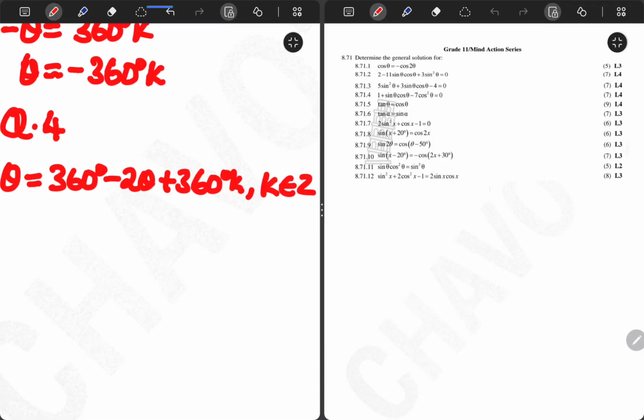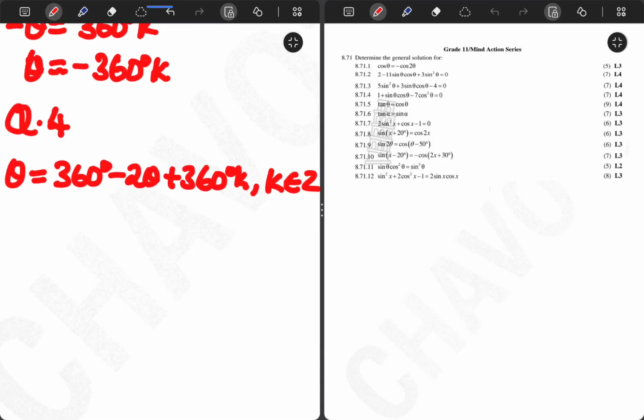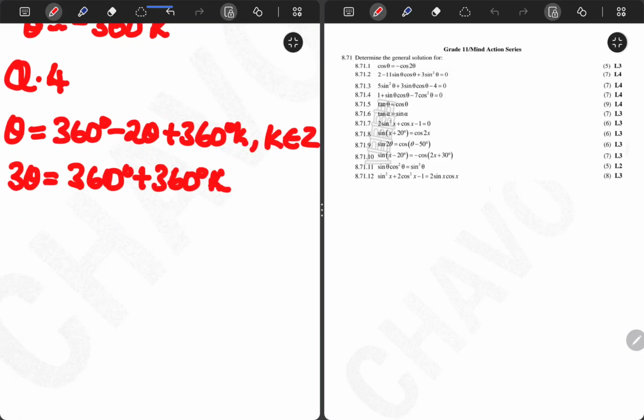Then we're now going to have our 3 theta equals 360 plus 360k. Now we can divide every time by 3.